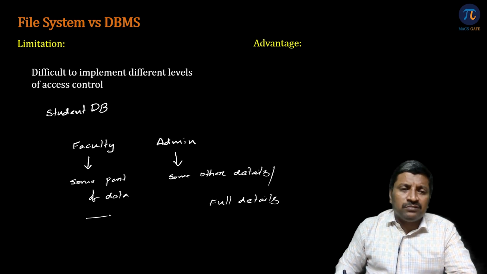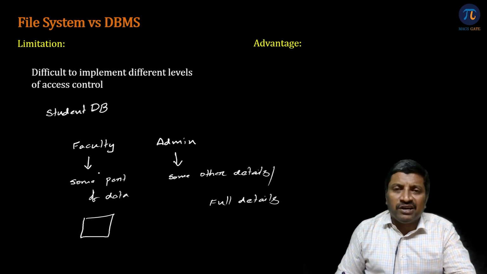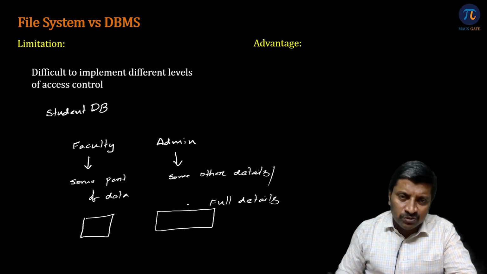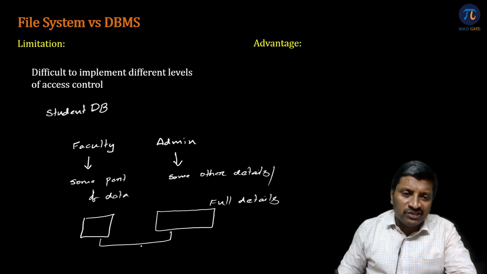So here I save the data which the faculty is supposed to use, and I save the data which the administration section is supposed to use. That means we are maintaining the same data in multiple copies.